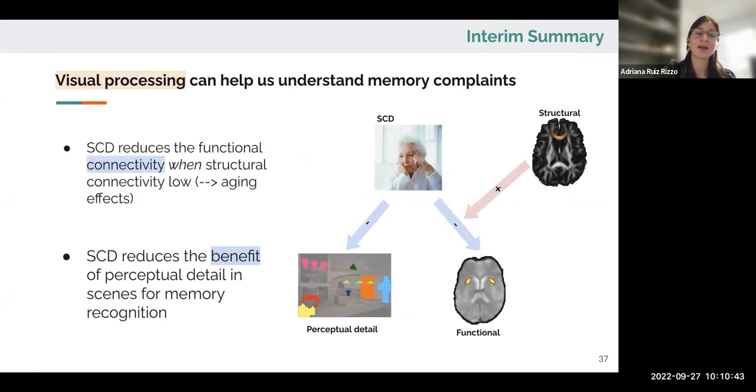And second, SCD, or subjective cognitive decline, reduces the functional connectivity when structural connectivity is low. I didn't show that directly in the model, but we found separately this correlation between structural connectivity and age.